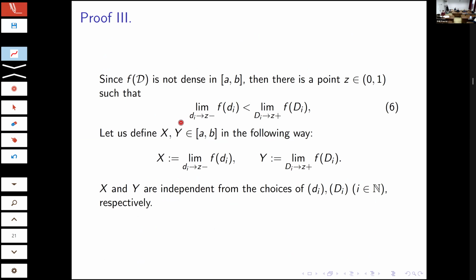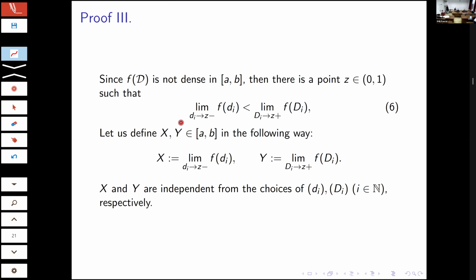Okay. Anyway, so we repeat the idea of Acel at this point. FD is not dense in AB. Then we have a Z in (0,1) so that you can find a dyadic sequence from below and from above, so that the limits of the images are not the same.